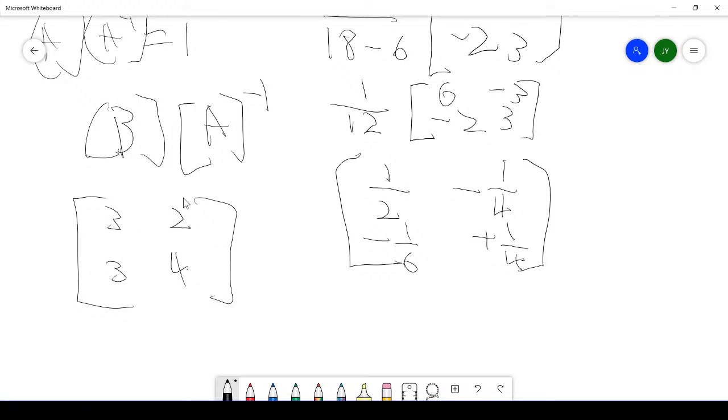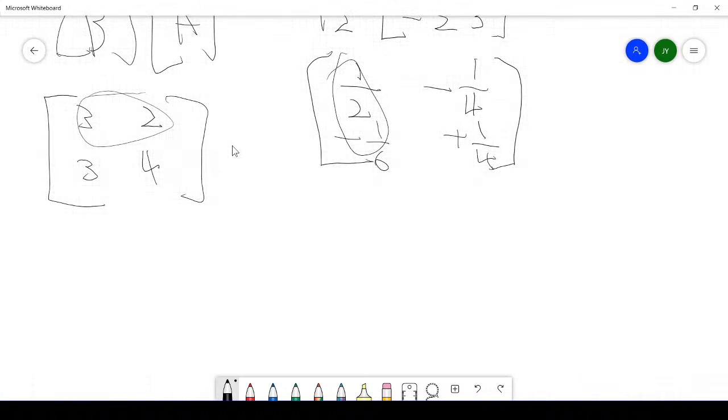Well, they're both 2 by 2. We multiply this to here. So it's 3 over 2 minus 1 over 3.